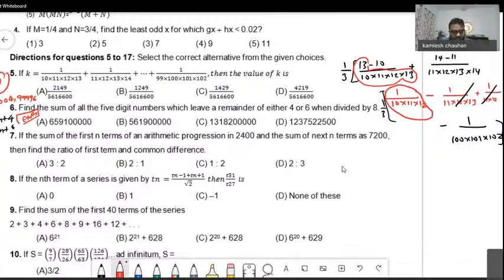So question number 7. Sum of first n terms of an arithmetic progression is 2400. Sum of next n terms is 7200. Find the ratio of first term and common difference. Again, you can write the equation. हम लोग n terms ले रखे, 2n terms के लिए भी, और ratio निकाल सकते हैं.